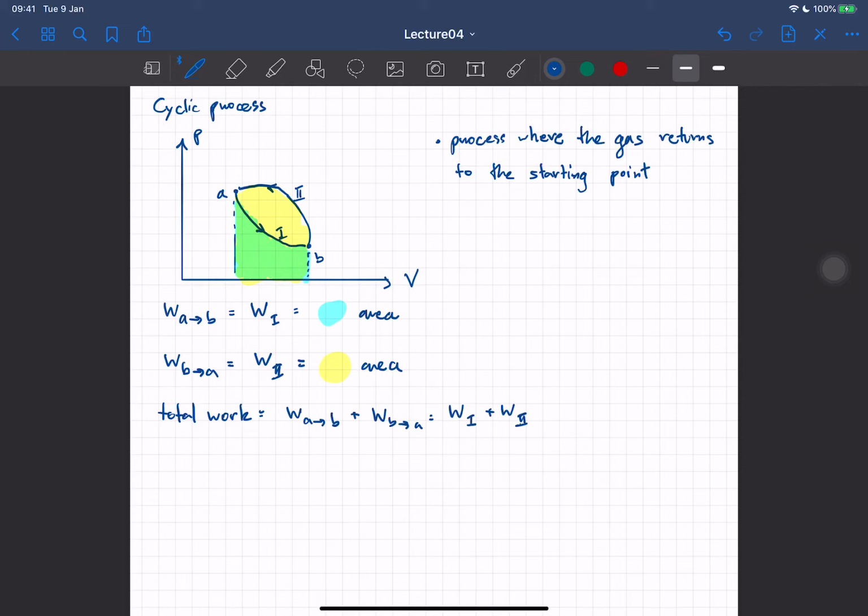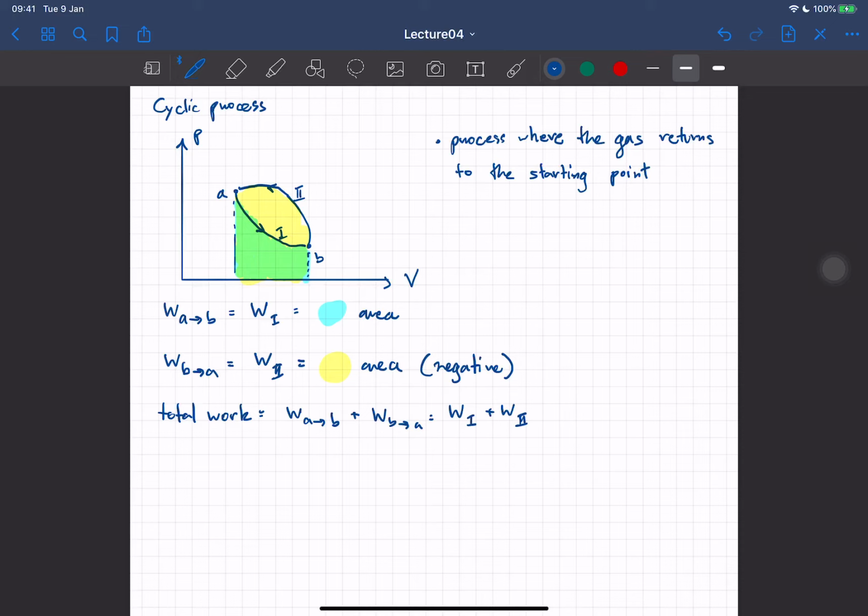But the thing is that work from path 2, that's negative, right? Because the volume of the gas decreases, right? So I should note here there is the negative value for work for path 2. Okay, so when you add them, actually you are subtracting the two numbers together.